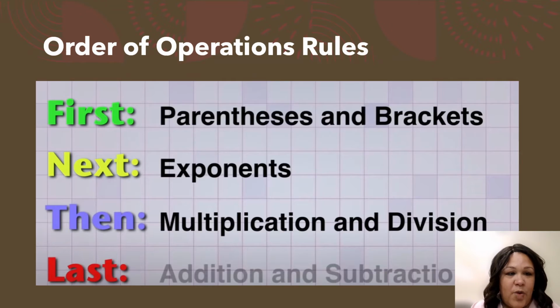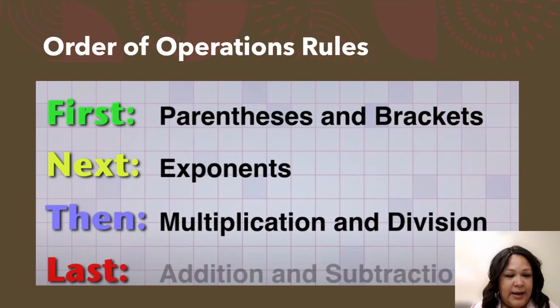All right, now that we watched our video, here are some of the things that we should have gotten from the video. If I could get a volunteer to tell me what our first step in the order of operations is. Okay, that's correct. Parentheses and brackets.